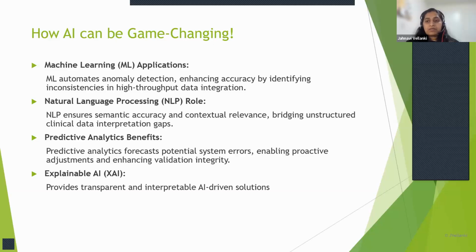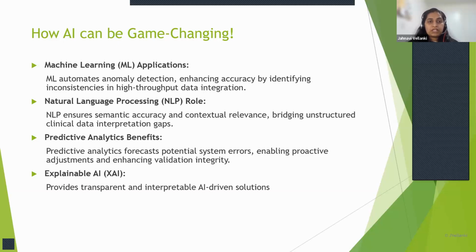And if we talk about some of these processes, machine learning automates anomaly detection, enhancing accuracy by identifying inconsistencies in high throughput output data integration.